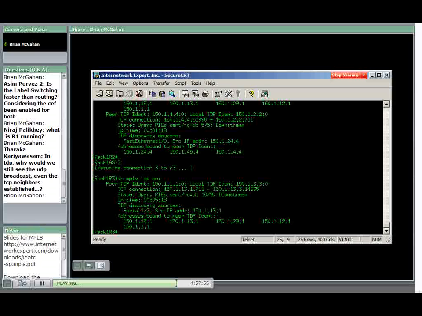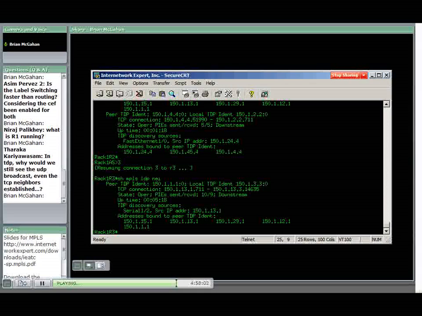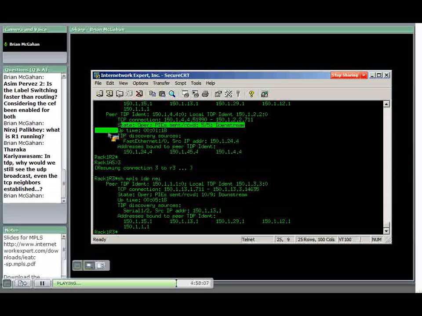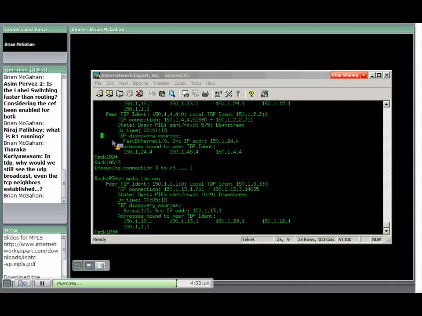On router 5, if we show MPLS LDP neighbors, we should be adjacent with routers 4 and 6, okay, which we are. Then on 2, we should be adjacent with 1 and 4. And then 3 should be adjacent with 1.